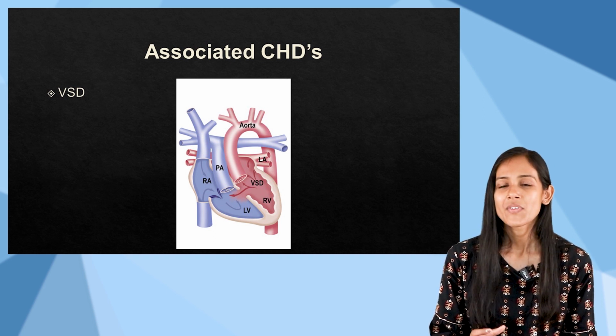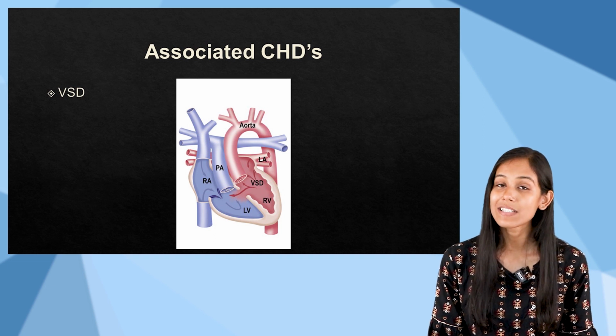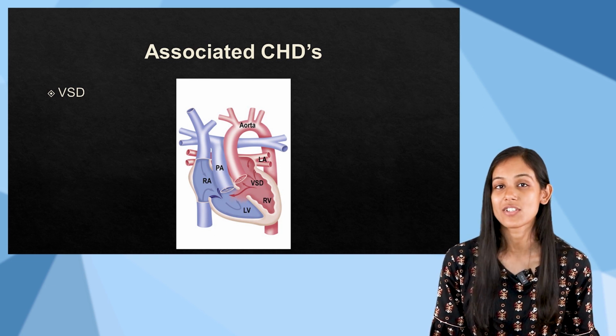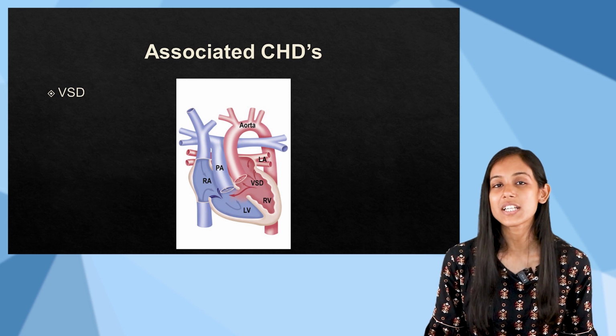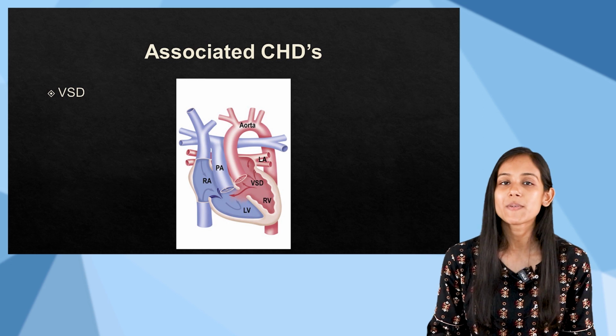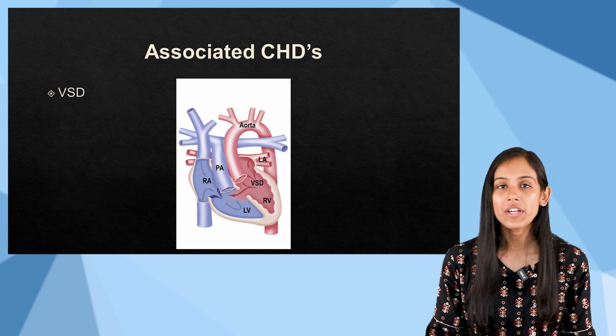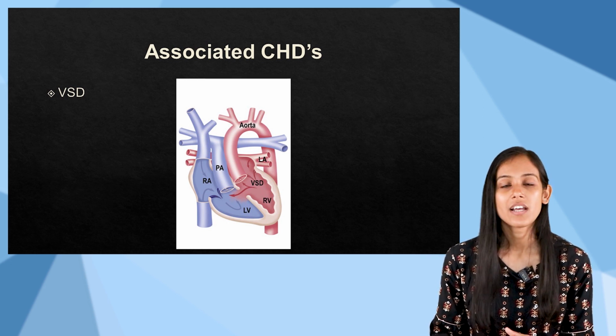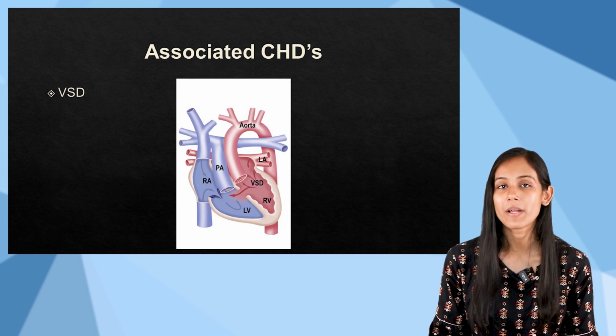We know that the right ventricle is having deoxygenated blood and the left ventricle is having oxygenated blood. So if there is a communication between these two ventricles, what would happen? There would be mixing of this blood, right? So there would be purple blood.